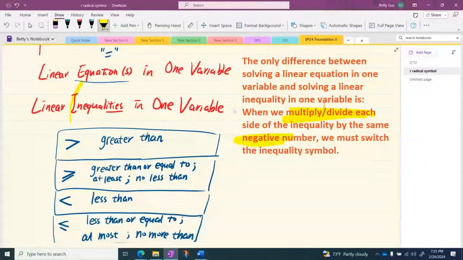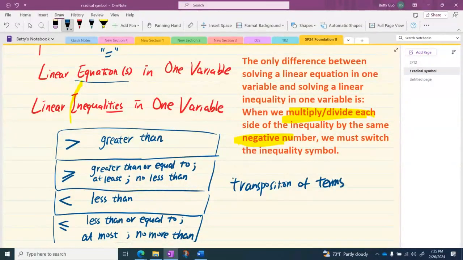Let me know when you finish copying the rule. It's very important. That means everything else is the same, right? What does that mean? Transposition of terms. The technique is still transposition of terms.